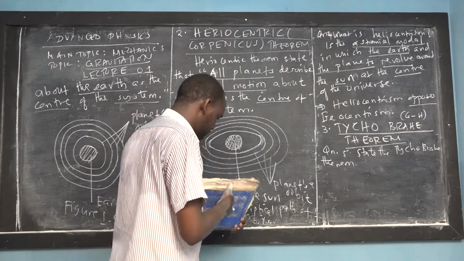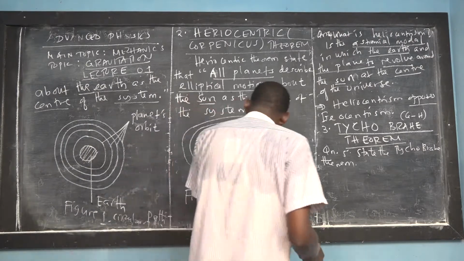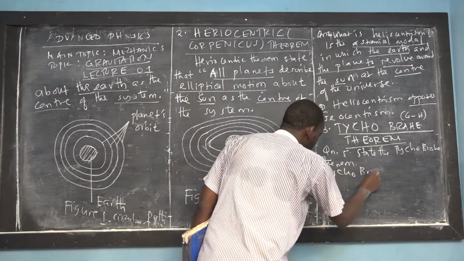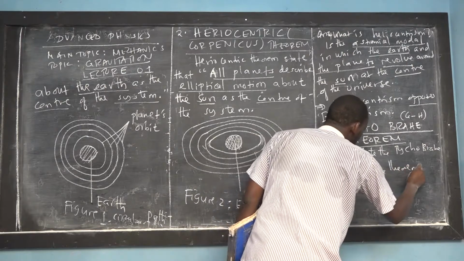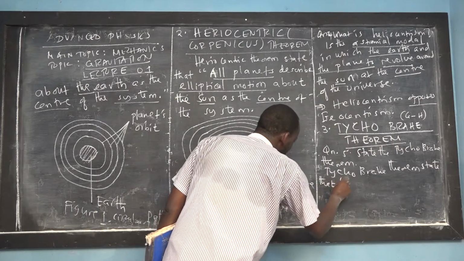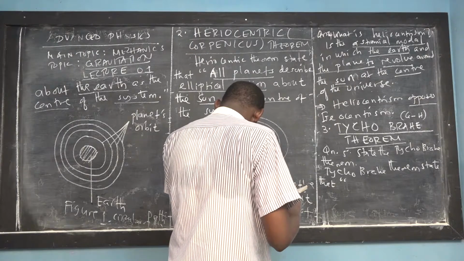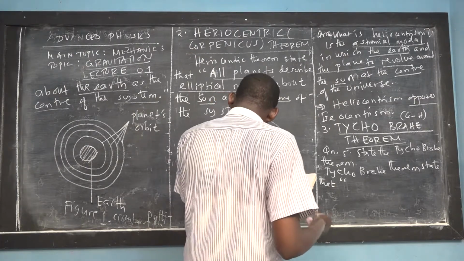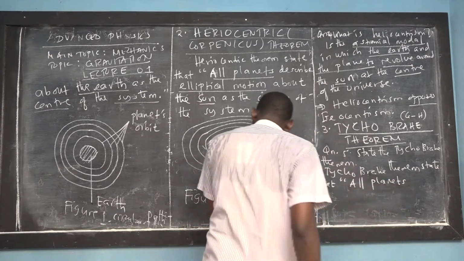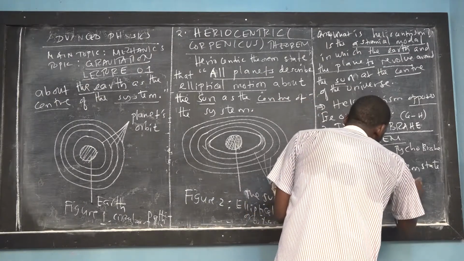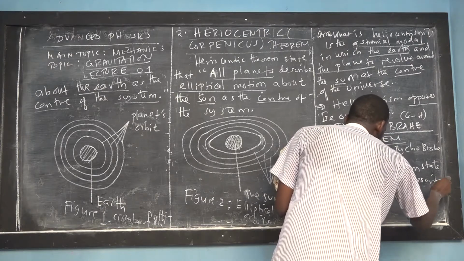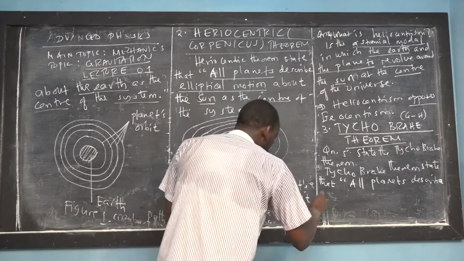So the Tycho-Brahe theorem, he said after his research, states that all planets describe elliptical motion.